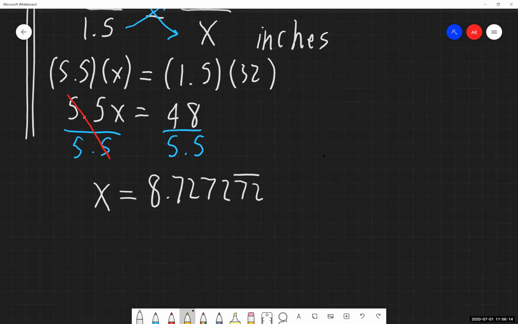So I'm going to round here, which means I need to look to the digit directly to its right. If that's 5 or more, I round up, which it is. So I'm going to get an approximate answer of 8.73 inches because of rounding.